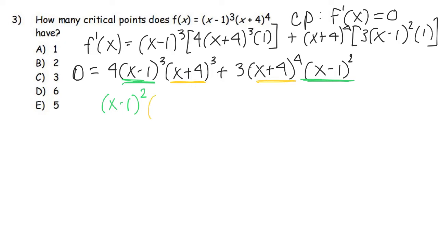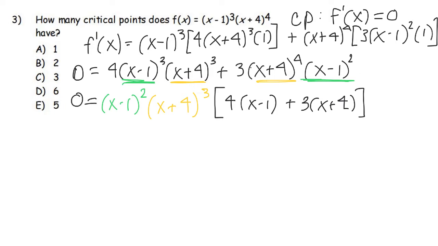So you will choose the one with the smaller exponent. So x plus 4 cubed. So there's our GCF. So now I would go back and write in what's left over if I factor these out of both terms. Well, if I do that, I have 4. And notice I should have 1 of my x minus 1's left, plus, and then we have 3. And it looks like we're going to have an x plus 4 left.